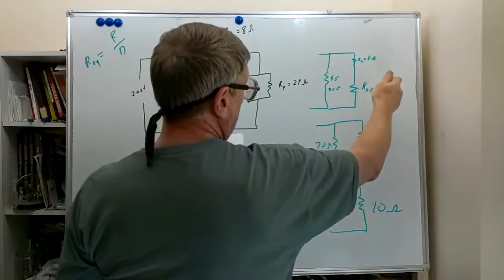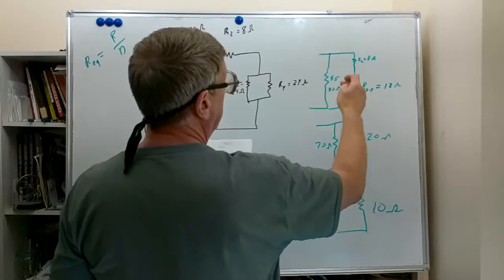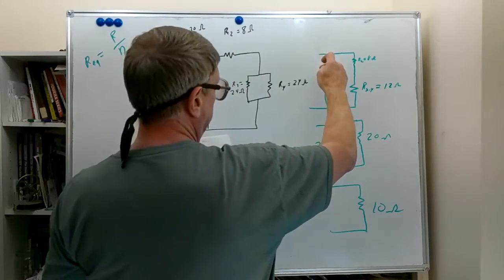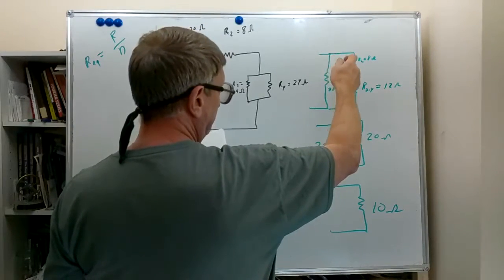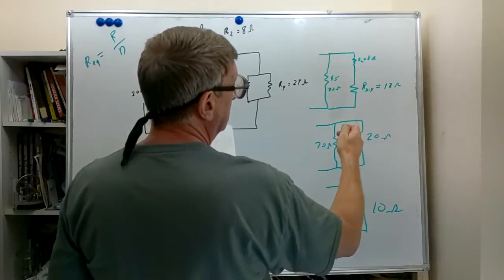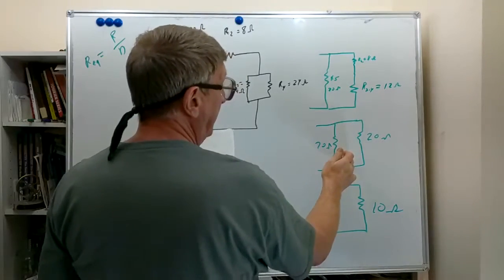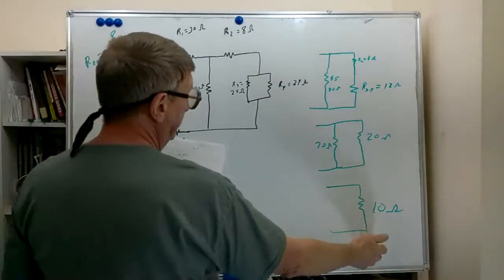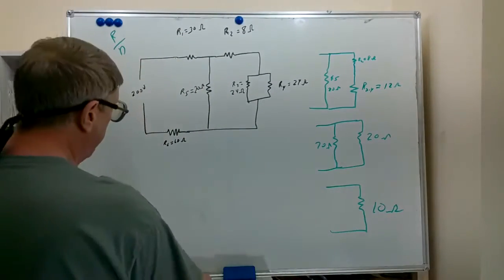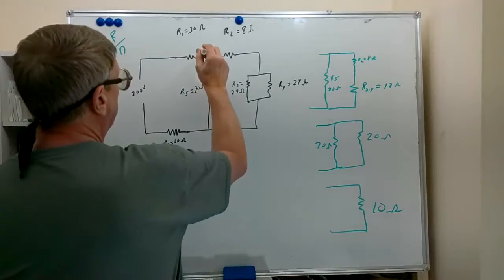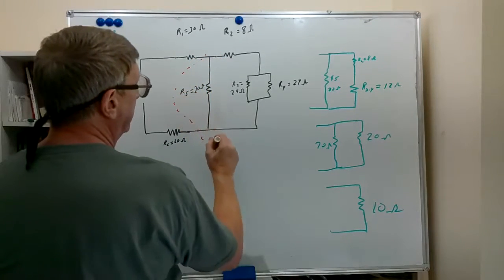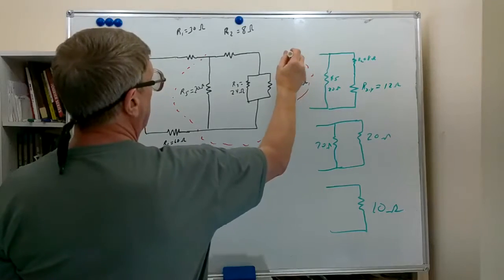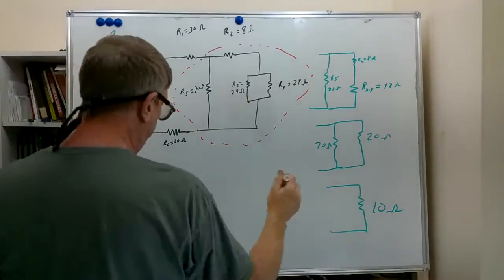Then we added the 8 and 12 to get 20. The 20 ohm didn't change, but then we used R divided by N again to get 10. So what we've determined is that this entire piece that I'm dotting out in red can be replaced by that single 10 ohm resistor.